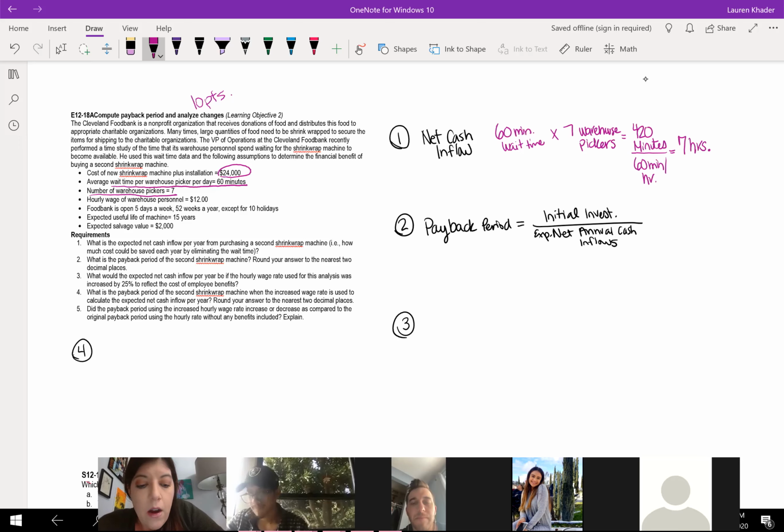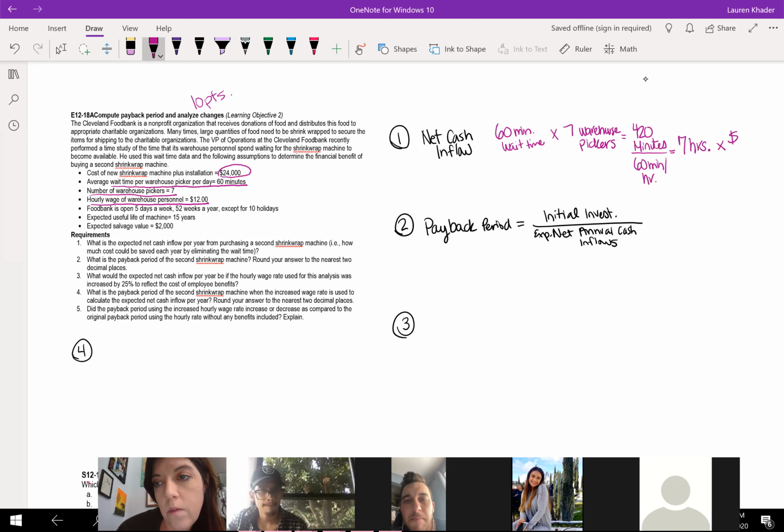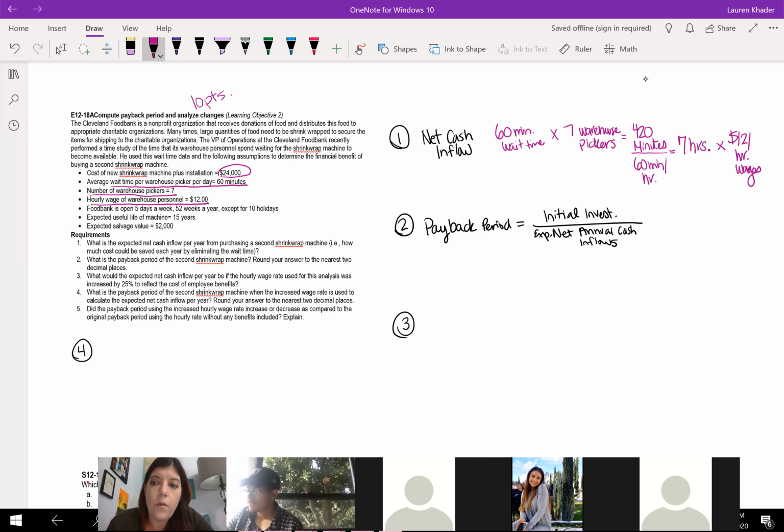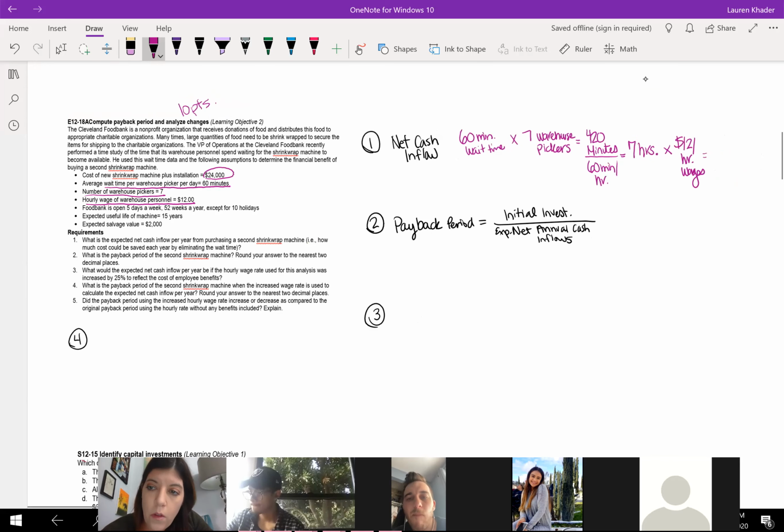We're going to take that 7 hours per day times our hourly wage for our warehouse personnel, and that's going to give us $84 per day. Now, that's per day. We have to figure out for the whole year.